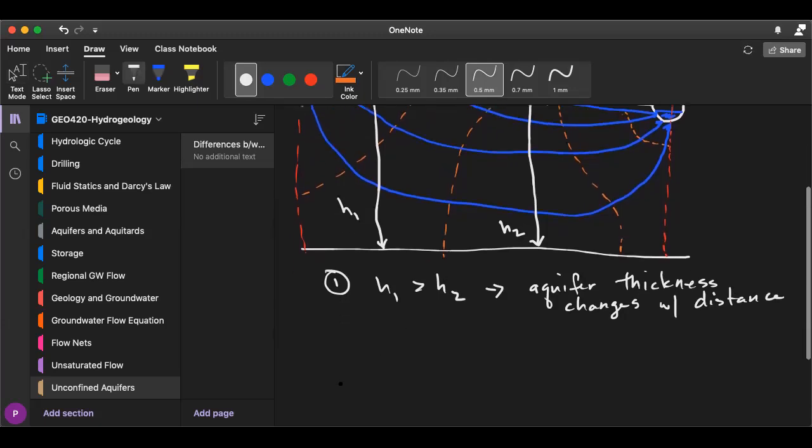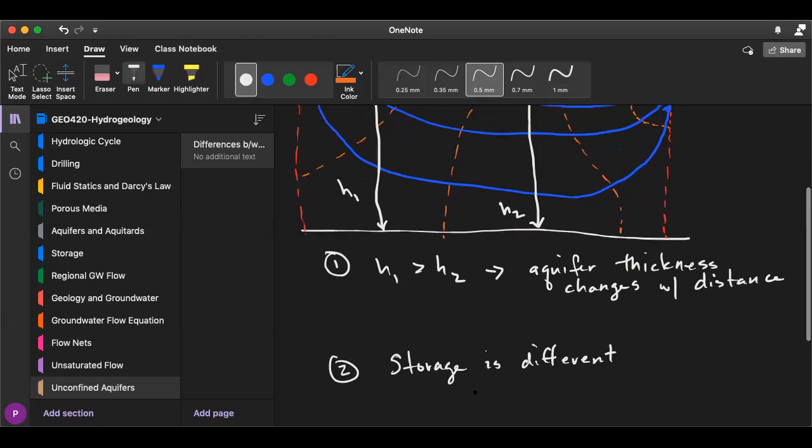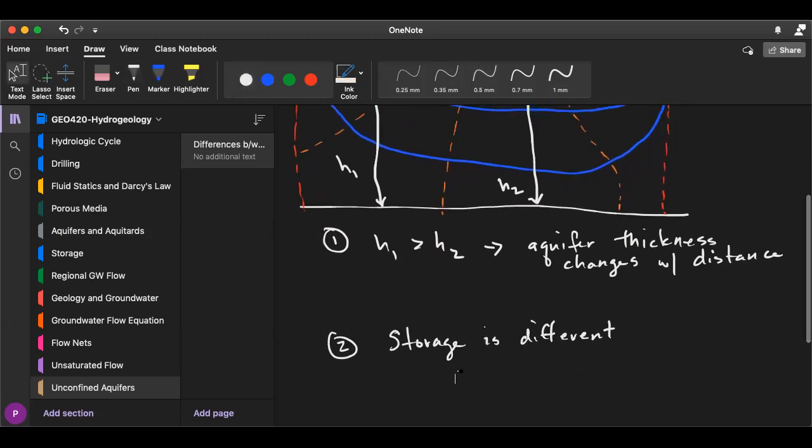Big change number two, or difference, is that our storage is different. All right, let's go back, way back to before exam one. What are the forms of storage in an unconfined aquifer? How do I get water out of an unconfined aquifer?